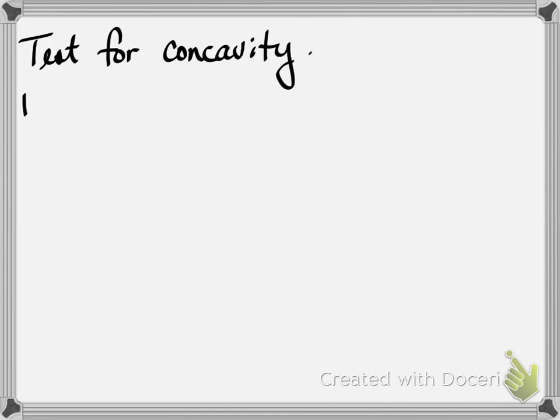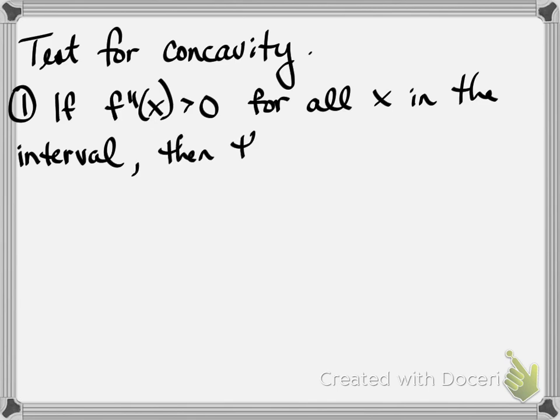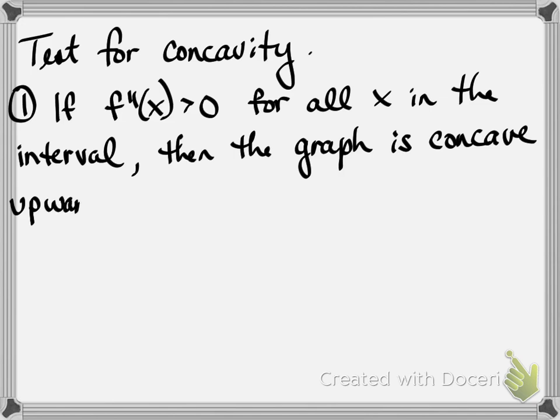And it is if the second derivative of x is greater than 0 for all x in the interval, then the graph is concave upward on the interval.